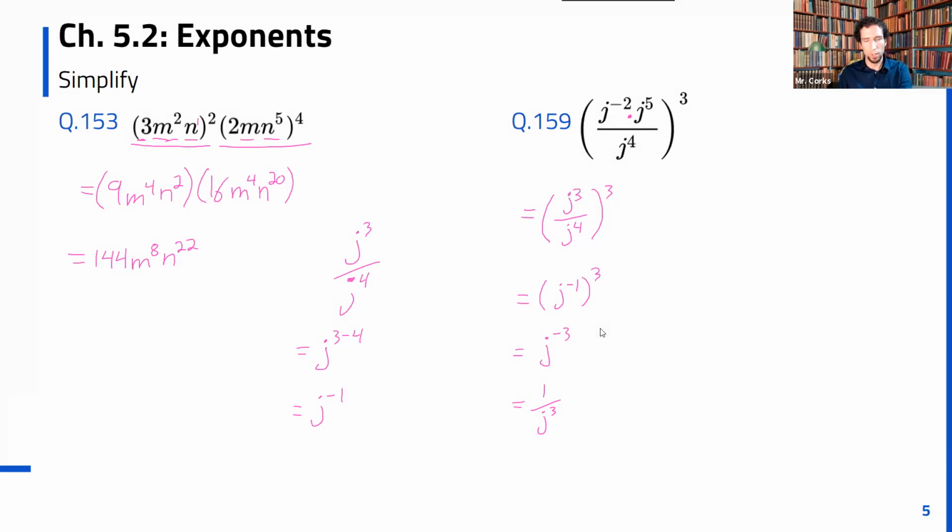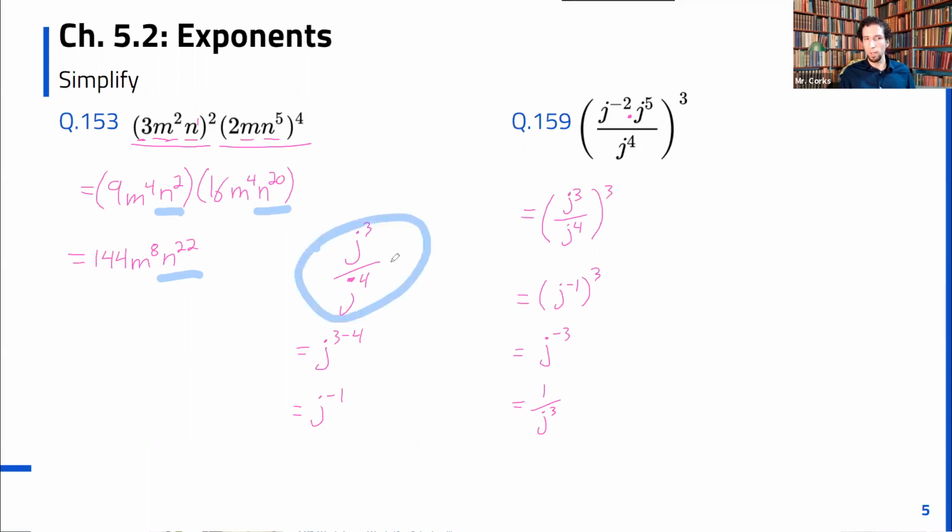Any questions about these ones? Okay, so lots of different exponent rules to remember, and they all get used a lot. So just remember with the multiplying, like with the m to the 4, maybe this is an easier example, n squared and n to the exponent 20 here became this.